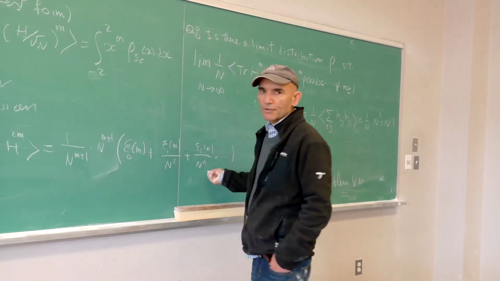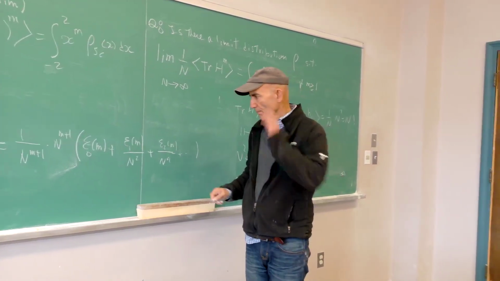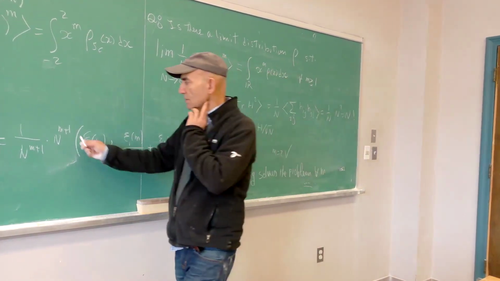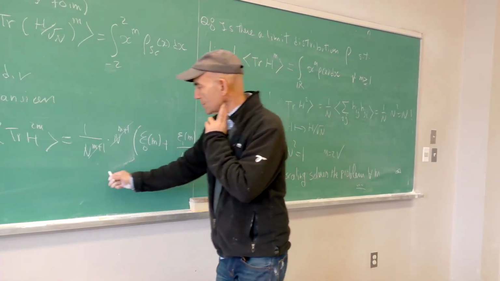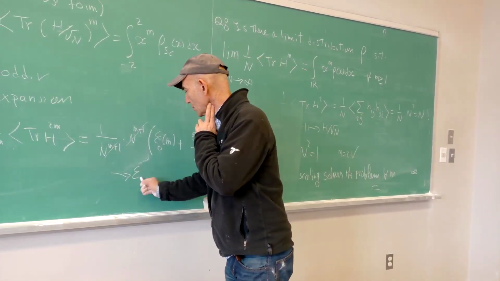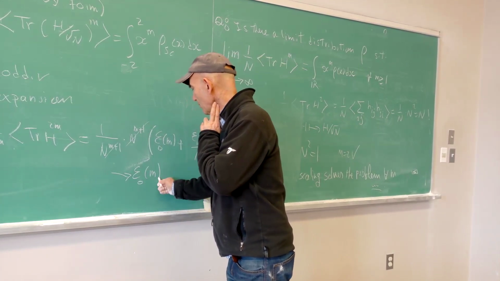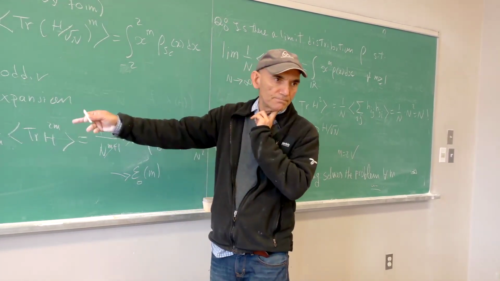And there is a finite number of terms for each n. Okay, so it just cancels, right? And obviously this converges to epsilon_0(m) as n goes to infinity.